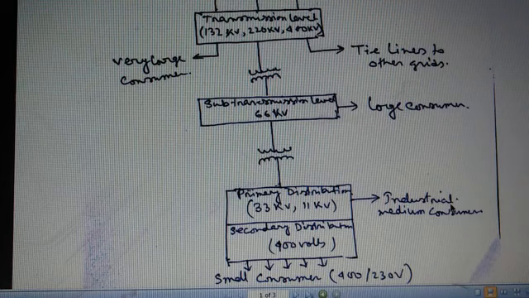We know the distribution system has three parts: the feeder, distributor, and service mains. The feeder is the starting part of the distributor, which has no tapping point, and the current throughout the feeder is almost constant, so feeders are specified with their current rating.